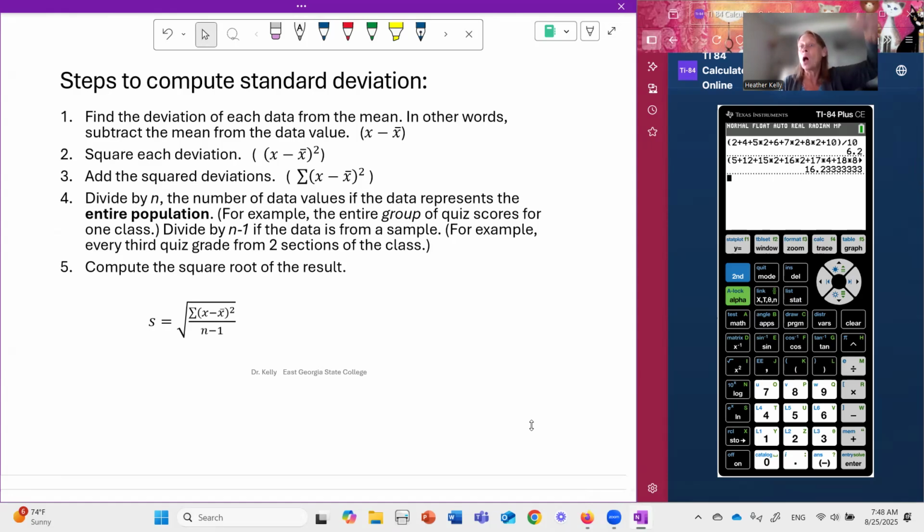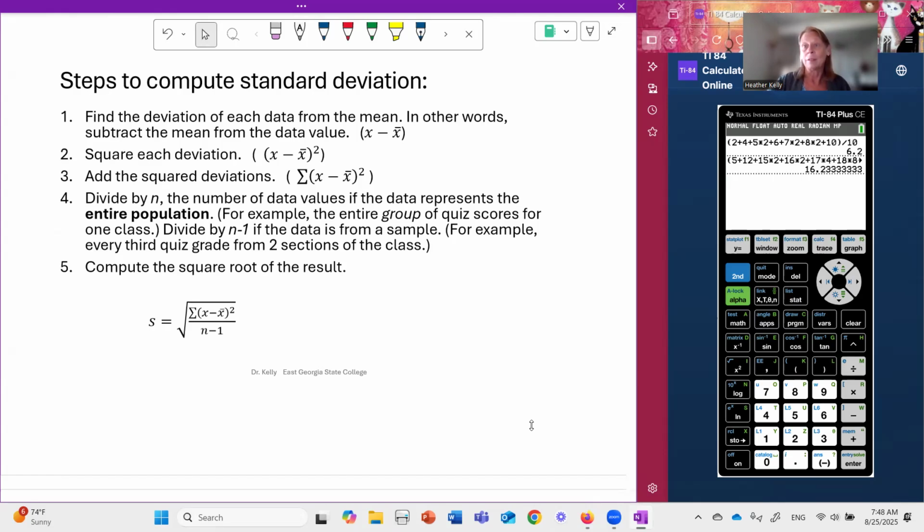Then we put that under a square root symbol and divide by the total number of data points minus 1, because we're not dealing with an entire population.